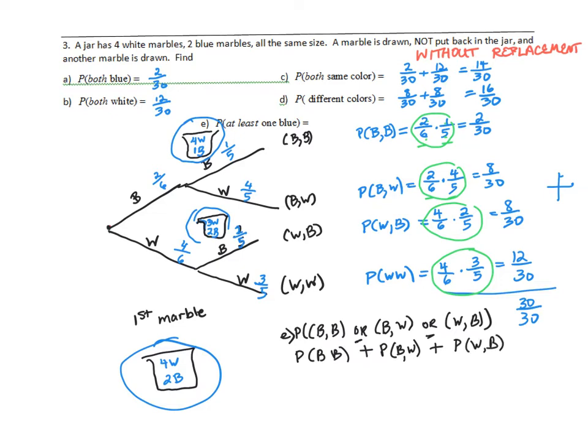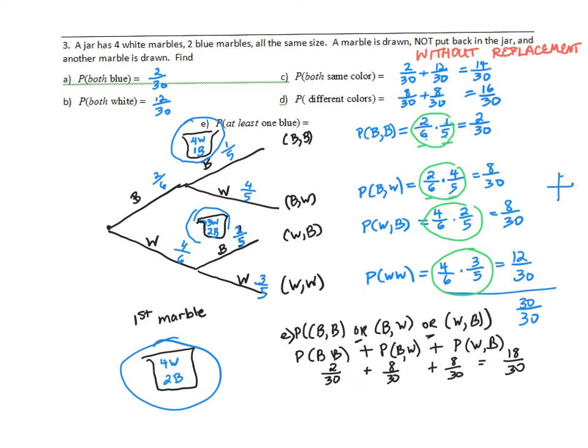If we add those together, we get 2 out of 30 plus 8 out of 30 plus 8 out of 30, and that would give us a total of, I think, 18 out of 30. Another way to do this same problem with at least is to look at the complement.